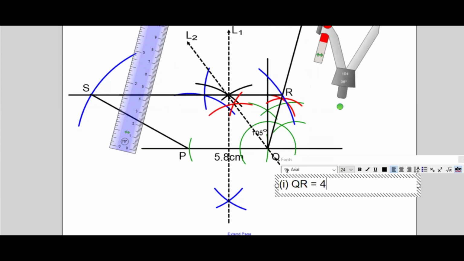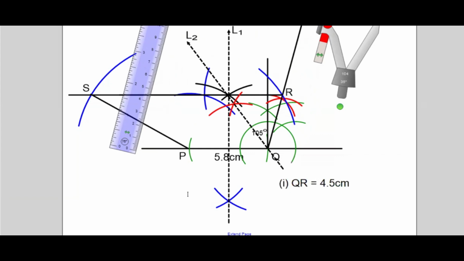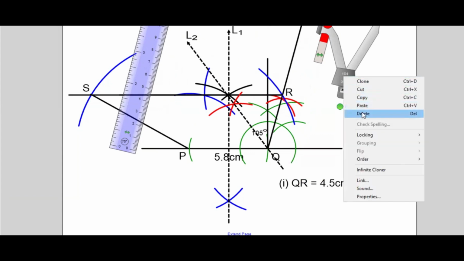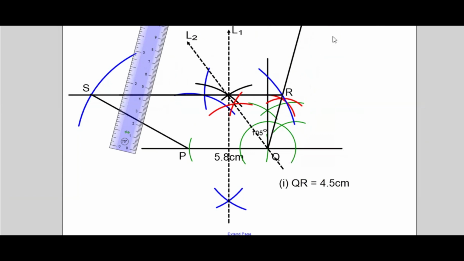QR is 4.5 centimeters. Then the next one is to measure angle PSR.